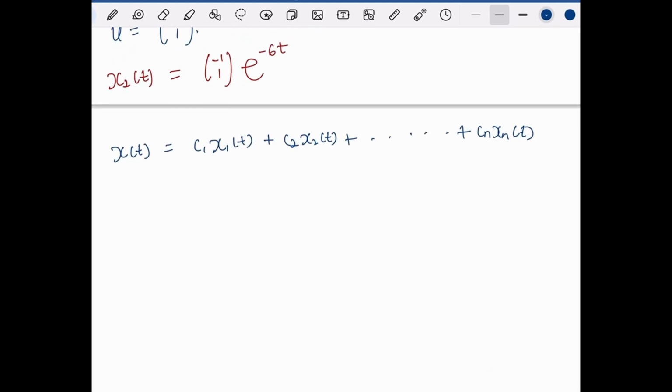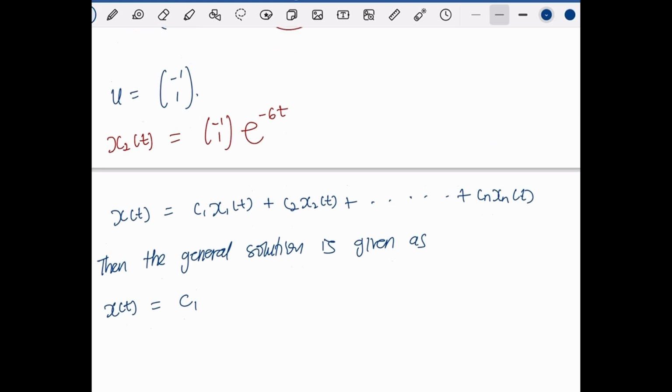We formulate our general solution given below. Here we have the dimension of the matrix as 2, so n is just 2. So our general solution is now giving us x of t, with a constant c1.